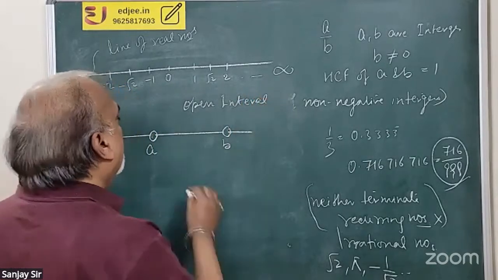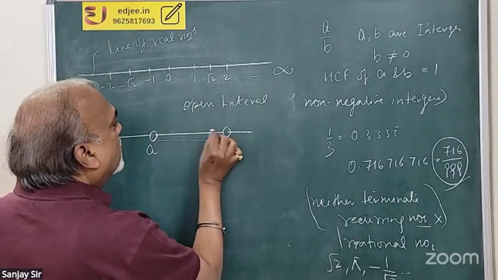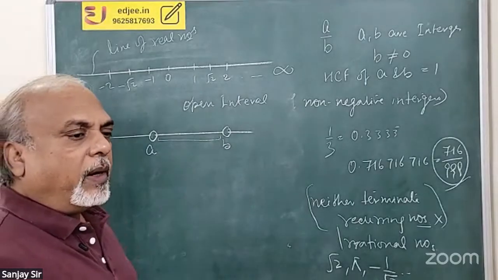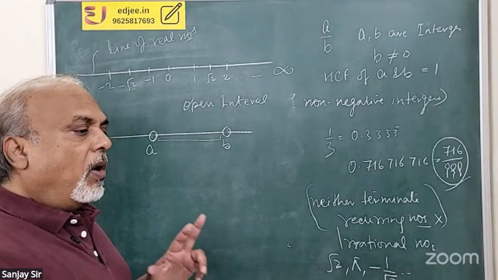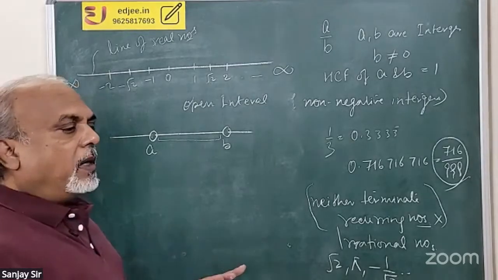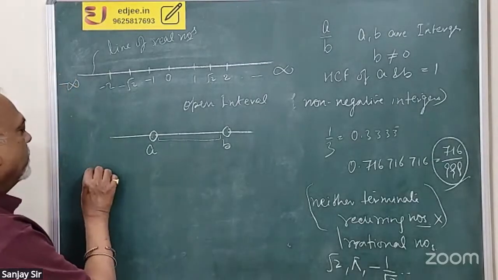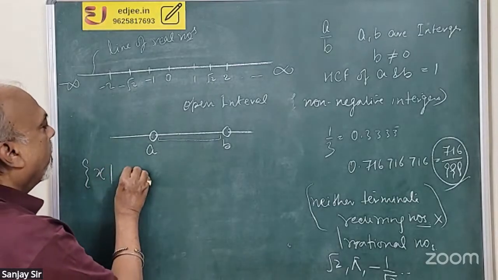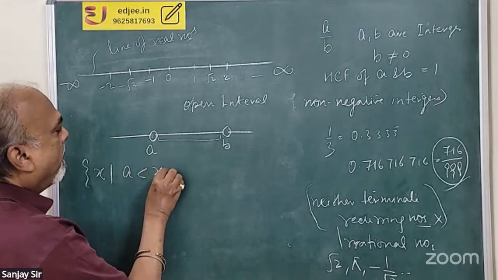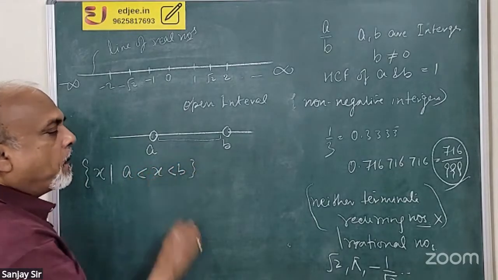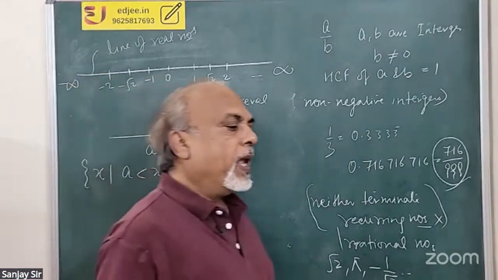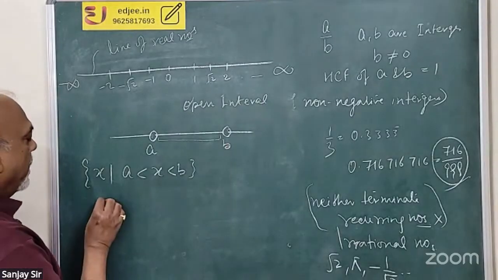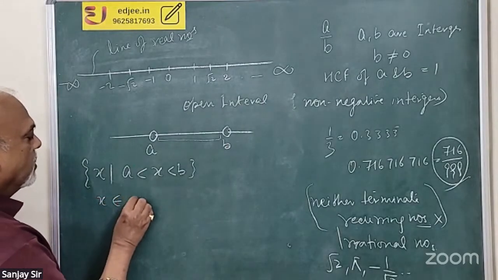Means set of solution comprises all these things between A and B, but excluding A and B. We can always represent this thing as shown, or we can write it as x belongs to.